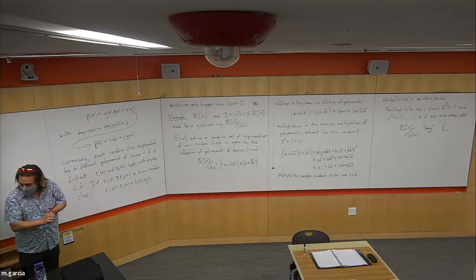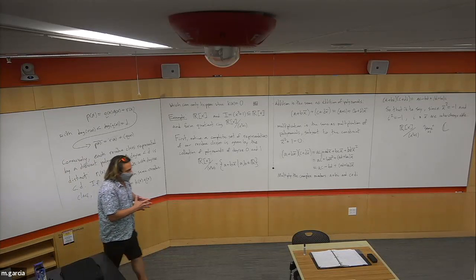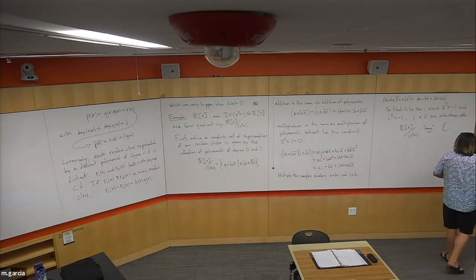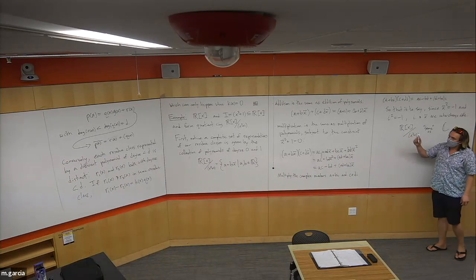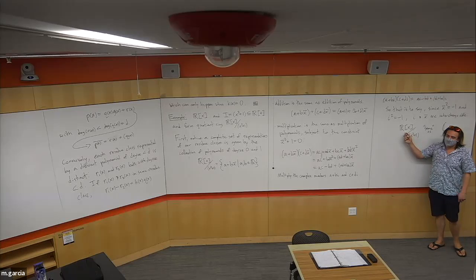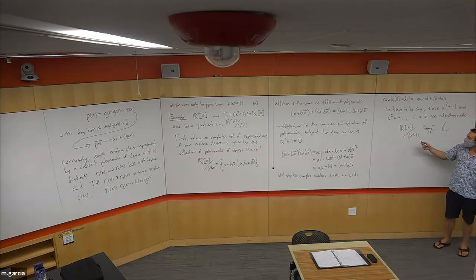Okay, I think everybody's back now, so let's continue. The important thing about this example is that we started with the ring of real polynomials, which is an integral domain, but not a field. All but the non-zero constant polynomials are not invertible in R[x]. And then by forming a certain quotient ring, I got to a field.